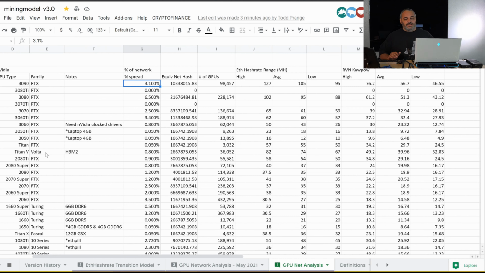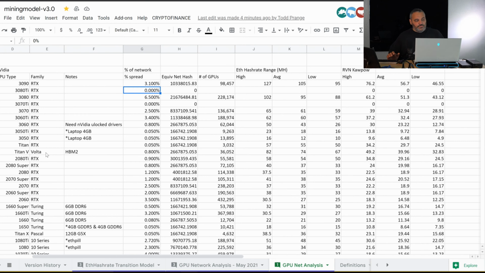So while NiceHash is only adding to about anywhere from 5 to 8% of the total net hash, we're taking essentially an aggregate of that as a sample set, as you would normally do in statistics. So we're taking a sample of the spread that's on NiceHash and then kind of bringing that up.